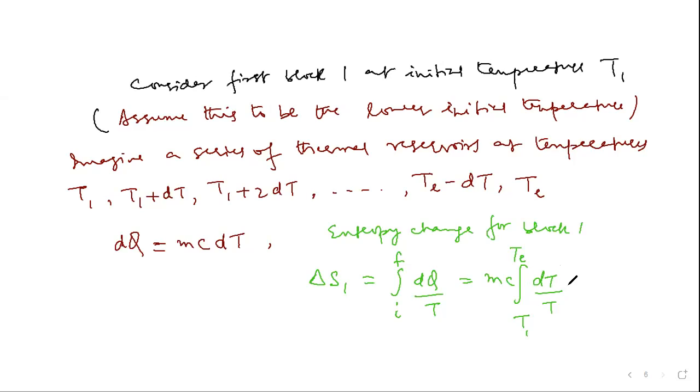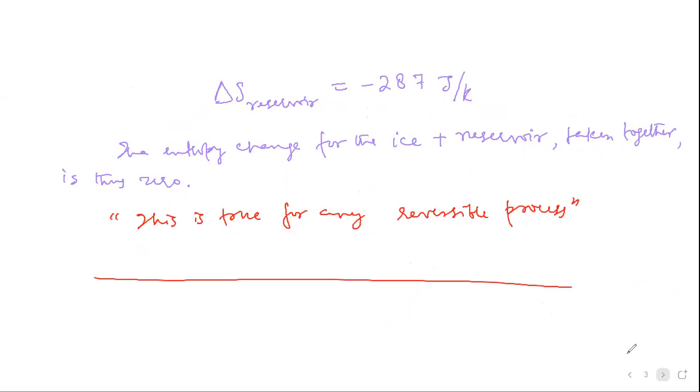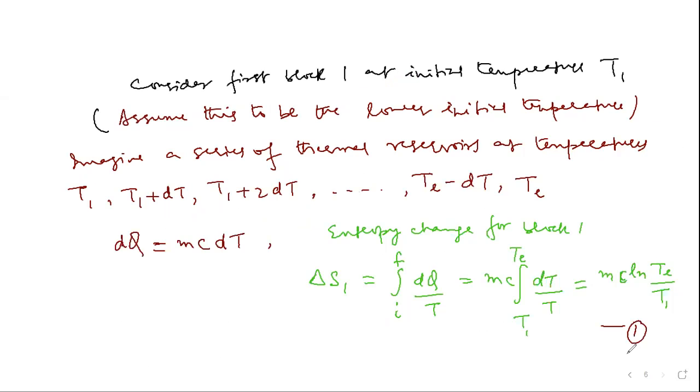So this will be MC natural logarithm of TE by T1. I name this equation 1. So we have calculated the entropy change for block 1, right?